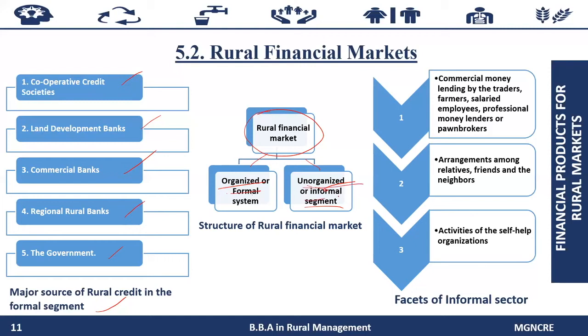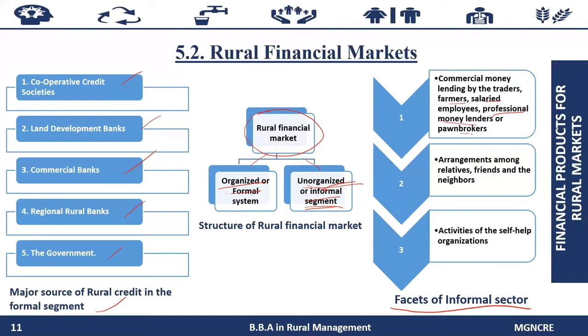the unorganized informal segment. The informal financial market is legal, but it is not recorded officially. It is comprised of unregulated financial activities which are outside the orbit of officially regulated financial intermediaries. The facets of the informal sector are commercial money lending by traders, salaried employees, professional money lenders, or pawn brokers.